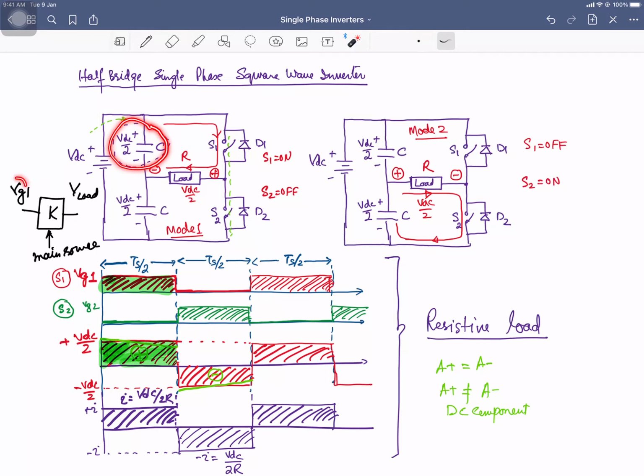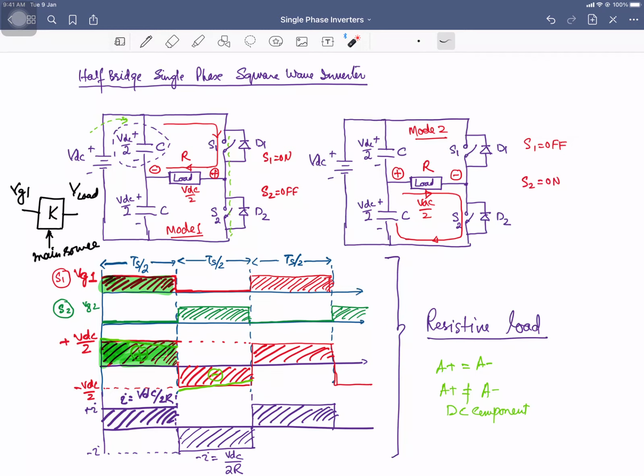Whenever you apply the gate voltage Vg1 to this switch S1, this source voltage will appear across the load, and the wave shape at the load will be according to this gate signal Vg1.